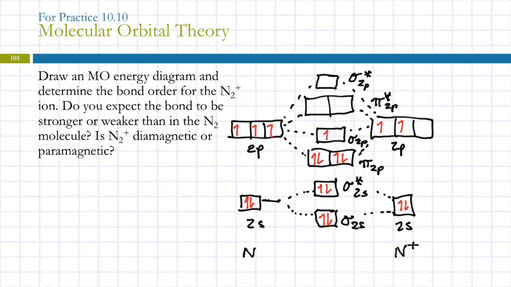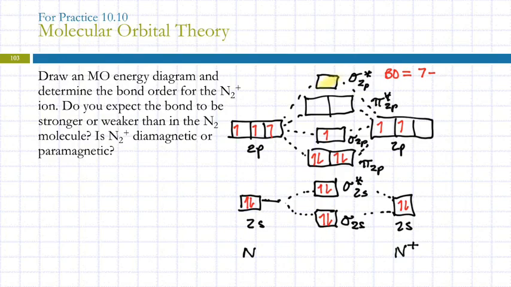So from that, we can answer questions like, do we expect this bond to be stronger or weaker than in the N2 molecule? Well, what's our bond order here? How many in bonding orbitals? 2, 4, 6, 7, right? 7 in bonding orbitals, and how many in antibonding orbitals? 2.